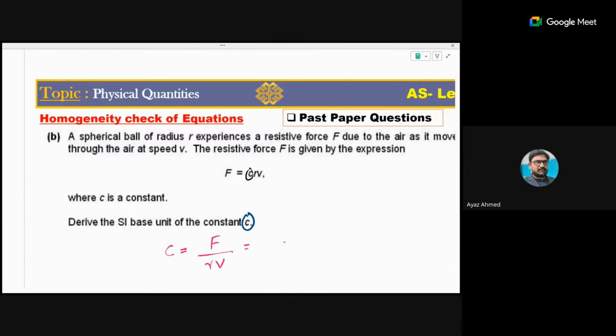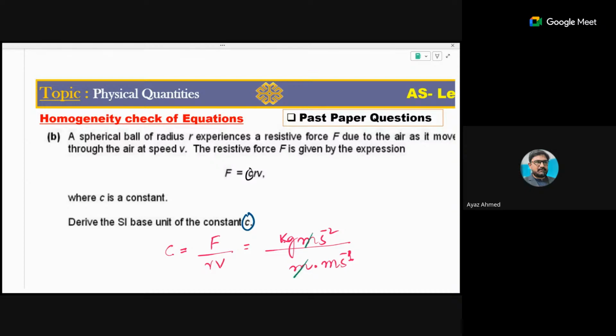Here F is your force. It can be any type of force, but it is a force. So it will be kg m s minus 2 divided by radius, which is meter. Sometimes this radius can be represented by a, l, whatever. And v is m s minus 1. So what is the unit of this?